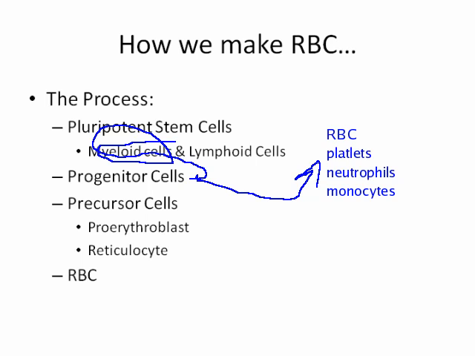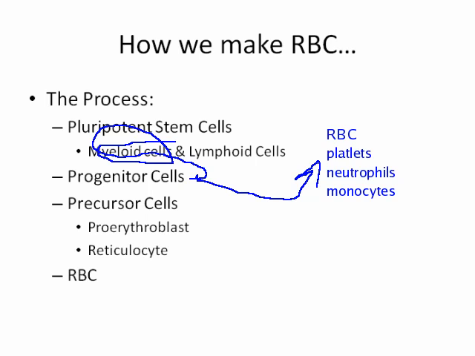So the progenitor cells will then begin to divide and continue along the lineage of either red blood cells, platelets, neutrophils, or monocytes. Following me? I hope. Once they've decided where they're going to go, they can't divide and become anything else. They're going to be committed to becoming one of these.